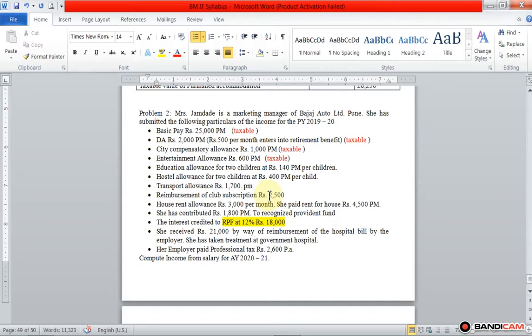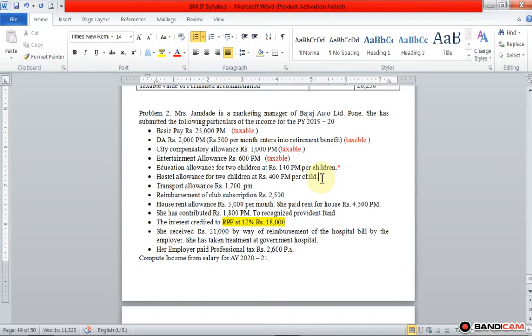Rupees 100 per month per child is exempted, maximum for two children. Got it? So make a star in front of education allowance because it is a partly taxable and partly exempted allowance.